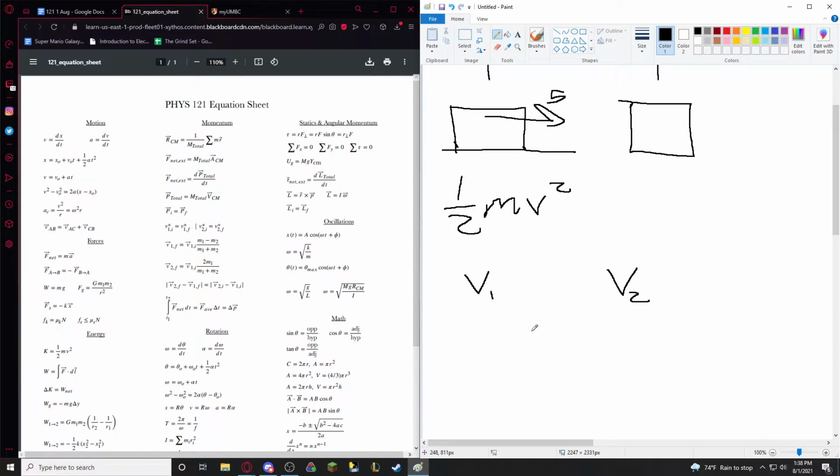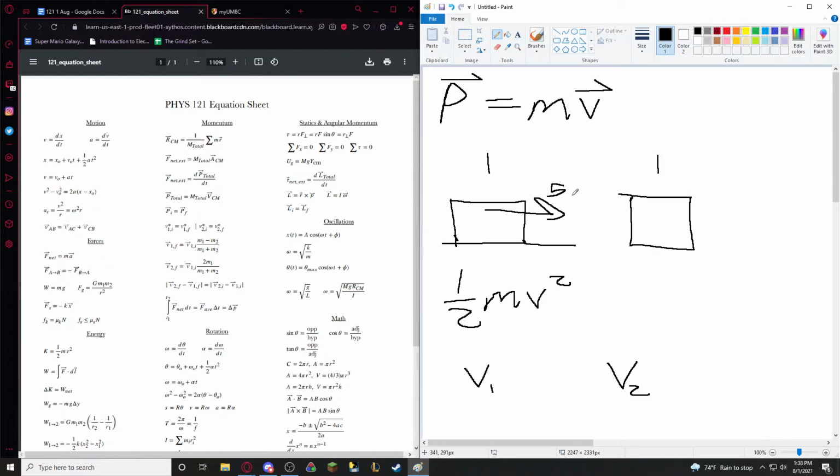We need to find a way to solve for v1 and v2, and we'll call the initial velocity v naught.